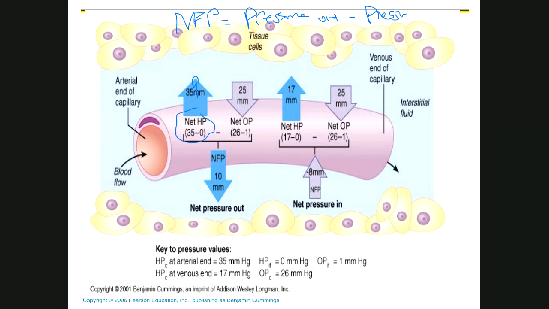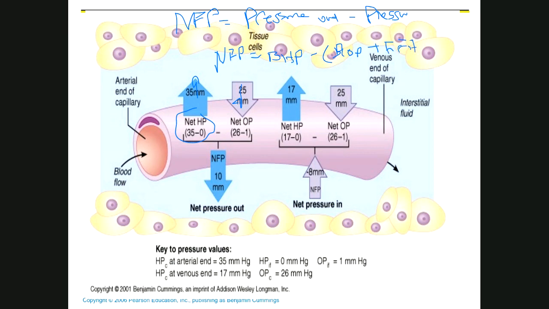But there are two pressures back in. So the equation was net filtration pressure equals blood hydrostatic pressure minus the blood colloid osmotic pressure and the interstitial fluid hydrostatic pressure.